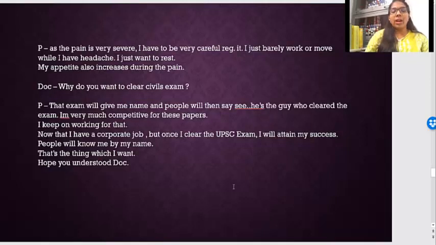Now that I have a corporate job, but once I clear the exam, I'll attain my success. So the people will know me by my name. And that's the thing which I want. Hope you understand. Right? So here we got some physical symptoms, some mental symptoms like the ailments from and what is his main ambition.